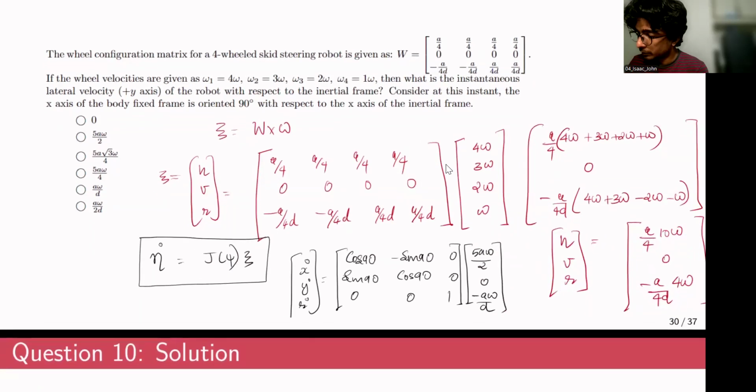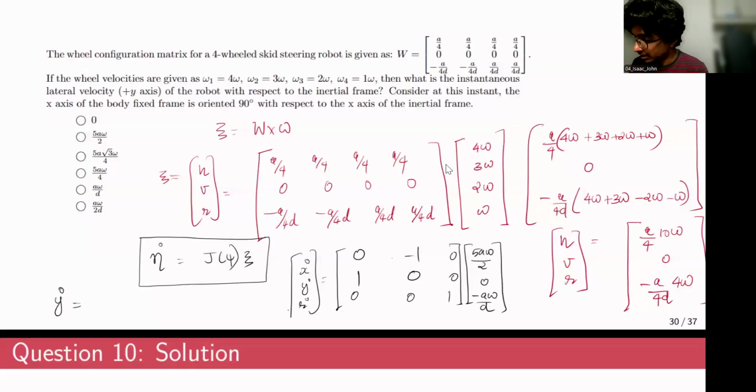Right. So if you substitute the numerical values, cos 90 is going to be 0, sin 90 is 1, and cos 90 is 0. So if you multiply this out, I think you are only interested in finding the y dot.